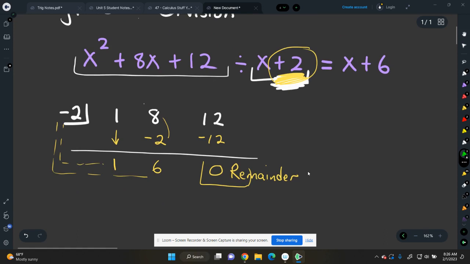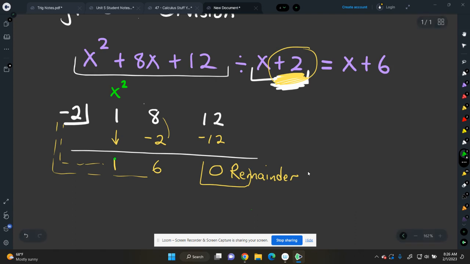When I wrote these coefficients down, the 1, 8, and the 12, this 1 came from an x squared. When we do synthetic division, the answer, the quotient, the answer to a division problem, will always be 1 degree lower or 1 exponent lower.